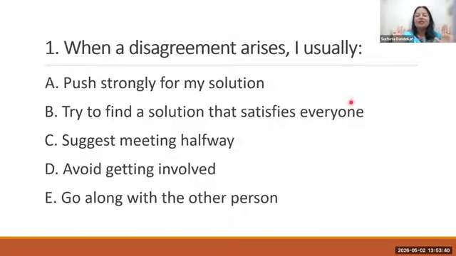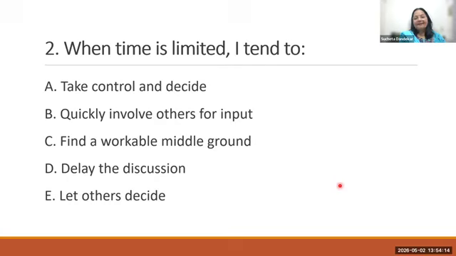I'm not going to read it out. You read this out yourself and think for yourself. I will now move on to the second question, second situation. This is something you're doing for yourself. I don't need to know. You just work out your own conflict management style.